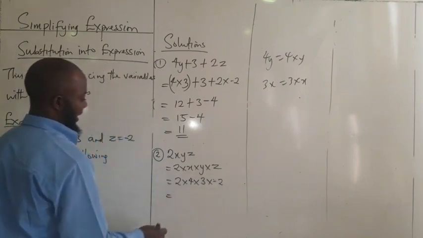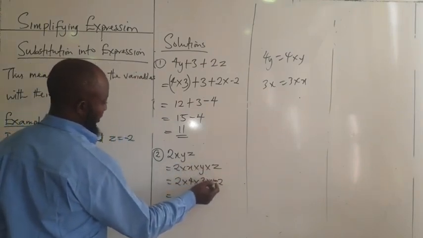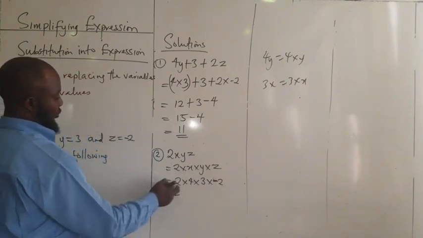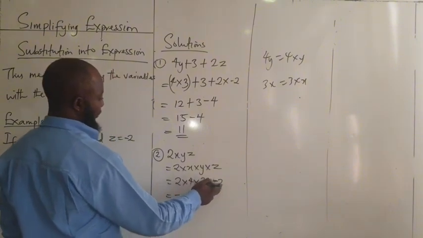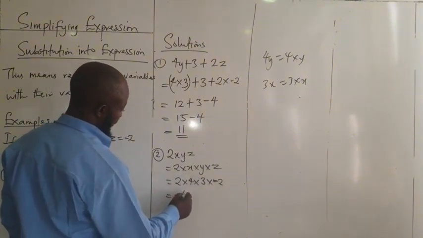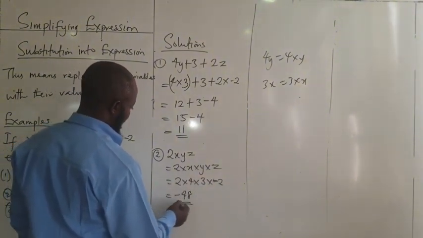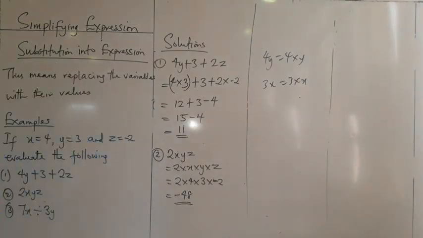We multiply everything. Because of the minus, our answer will be negative. 2 times 4 is 8, 8 times 3 is 24, 24 times 2 is 48. The answer is minus 48. I hope this is very clear.